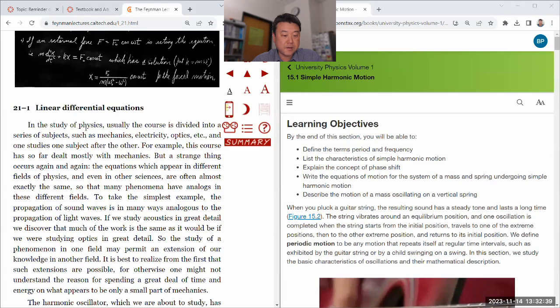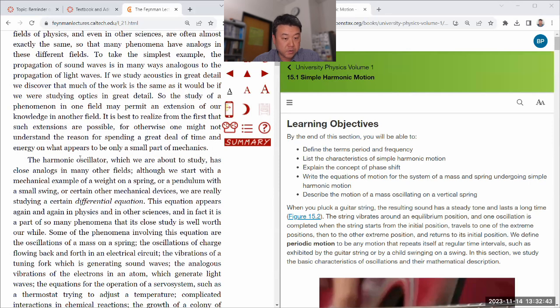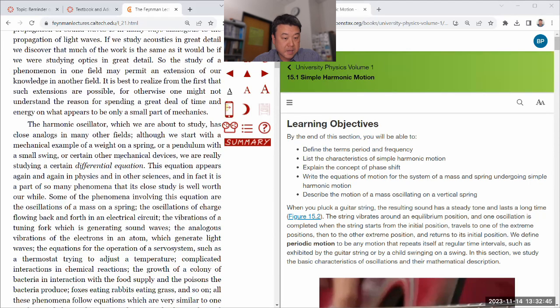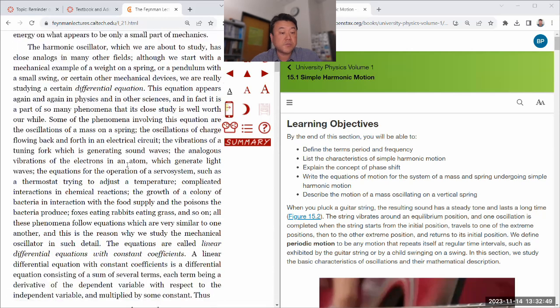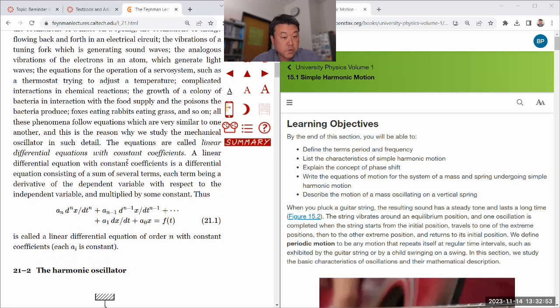And what he's going to talk about, with a harmonic oscillator, is that the thing that leads to a complete description of the simple harmonic oscillator is what's called the equation of motion.